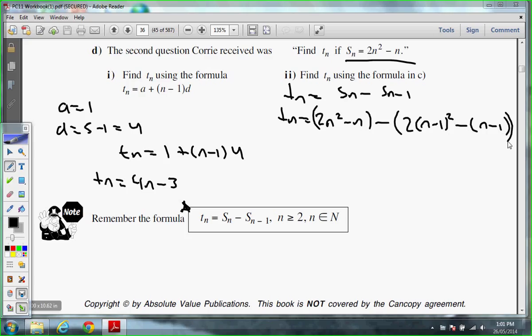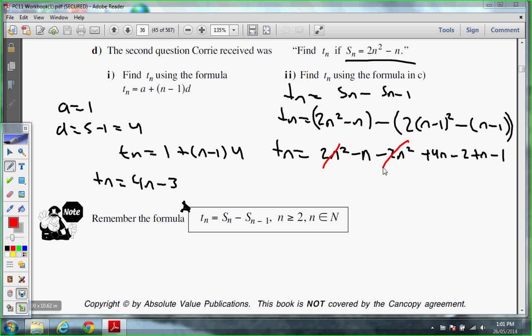To save us some time, you're going to FOIL this stuff out here on the right. And when you get down to combining like terms, you should have something like this. And so then you'll see a few things cancel.